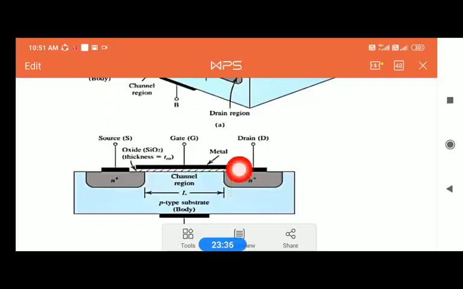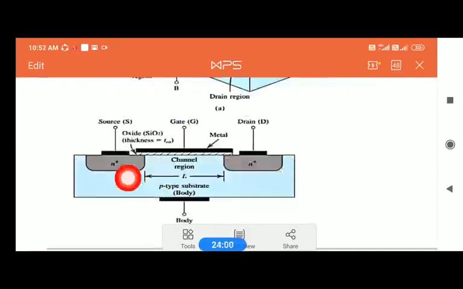This overlap capacitance is the sum of the source overlap and the drain overlap. It is also included when calculating the gate to source and gate to drain capacitance. When you calculate the gate to drain capacitance, this overlap is added, and when you calculate the gate to source capacitance, this overlap is added.